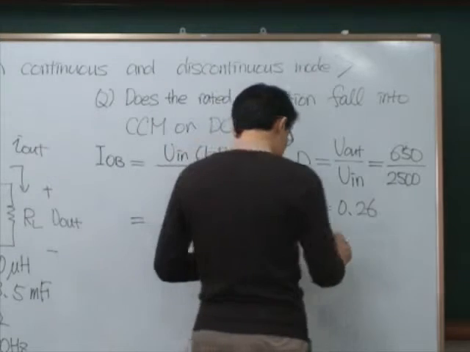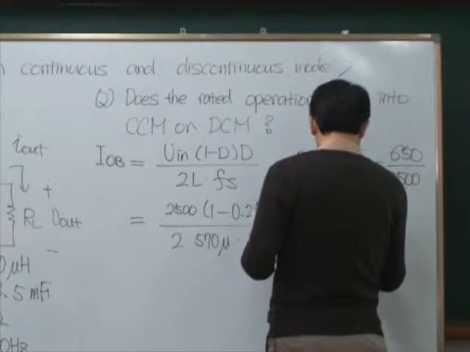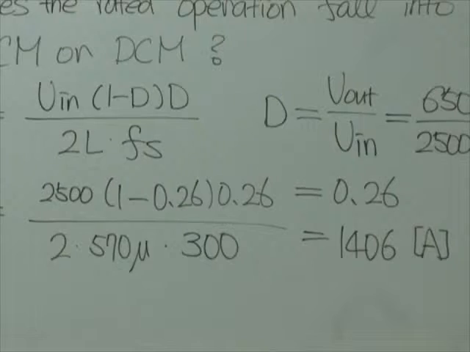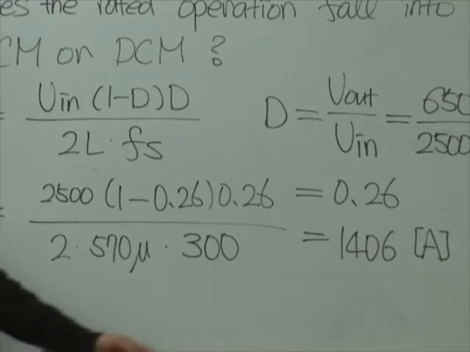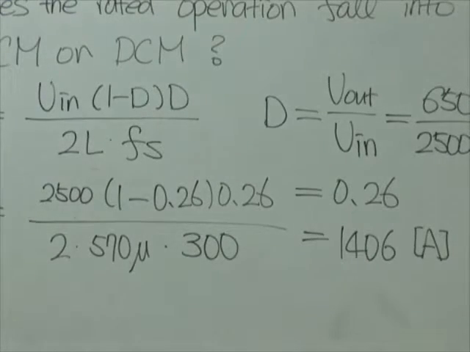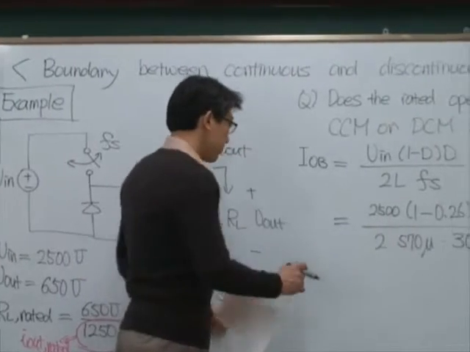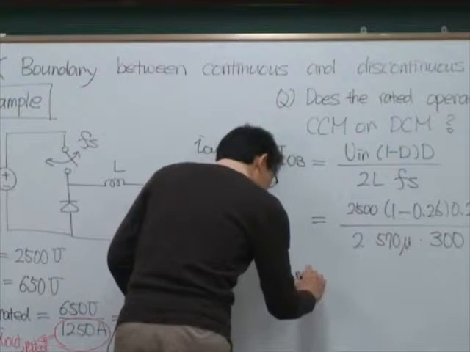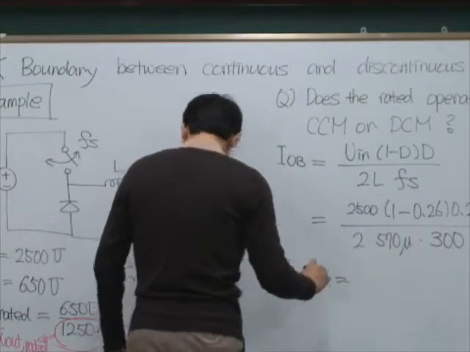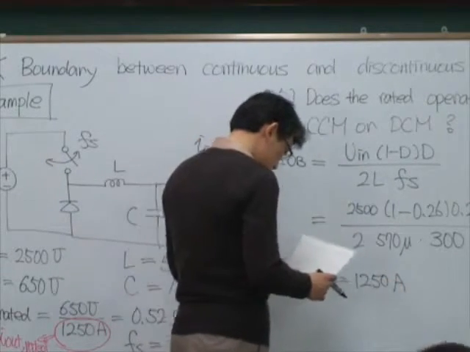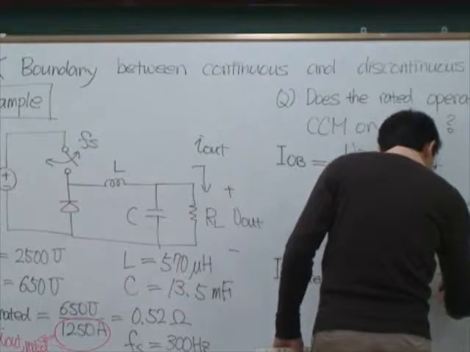This becomes 1406 ampere IOB. What does this mean? When the load current is equal to 1406 amperes, then the converter operates under boundary mode. Now, what is the rated current? This is 1250 amperes, and that is smaller than IOB.